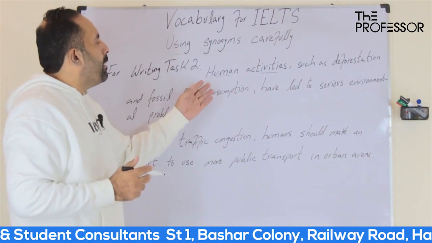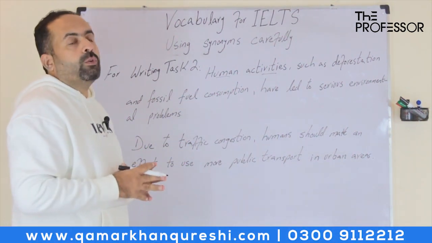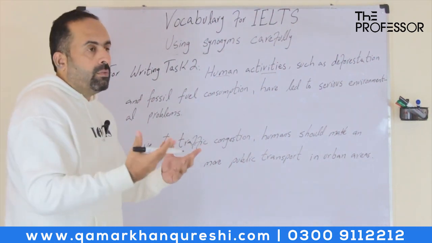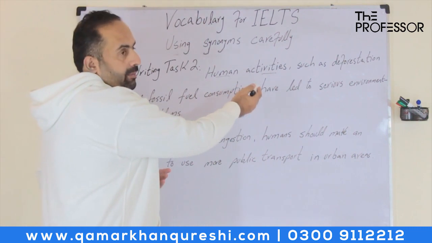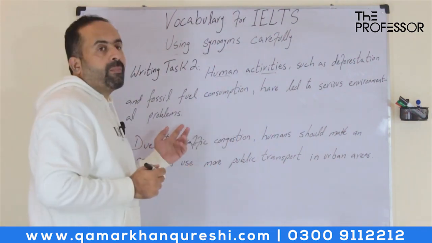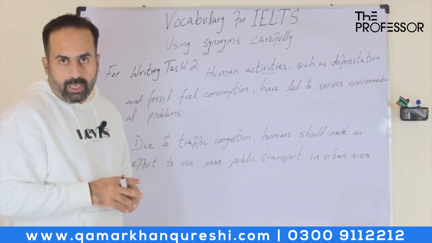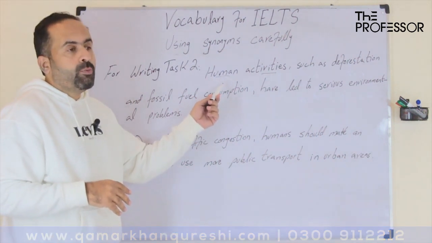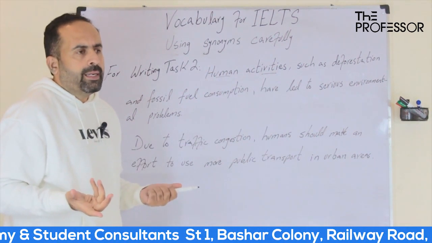Because we are talking about something related to the ecology, the ecosystem, which involves animals, plants, human beings, the whole big thing. Human activities, इंसानों की activities, have led to serious environmental problems. Why? Because we humans are responsible for it, not the animals, not the plants. That is why we used human. अगर यहाँ पे हम people use करेंगे इसकी जगह, तो that would be wrong. It would not make any sense.